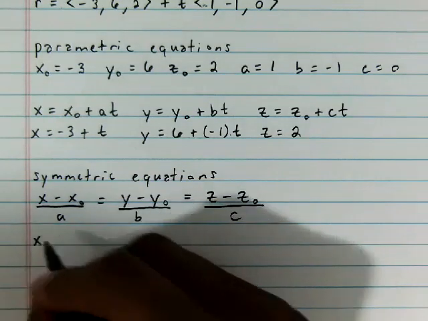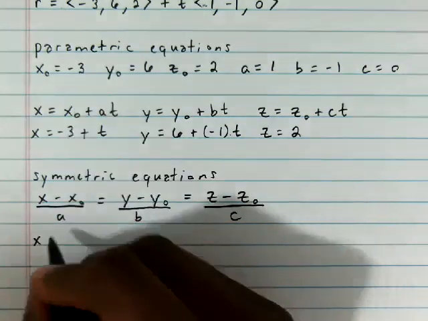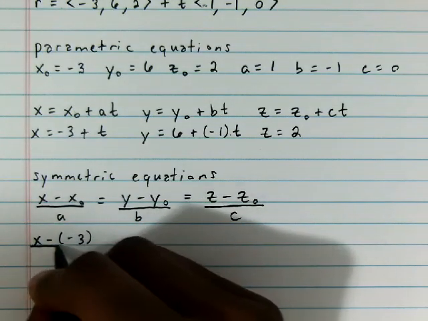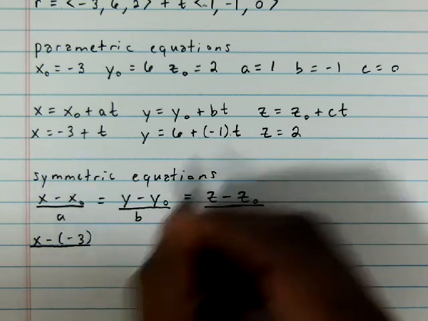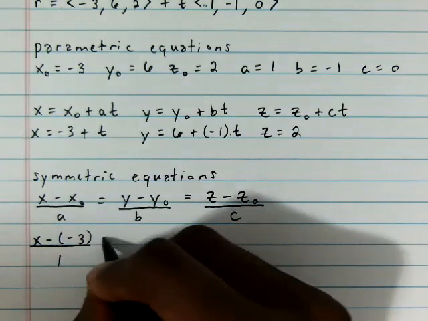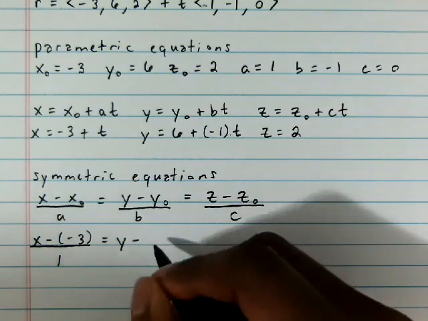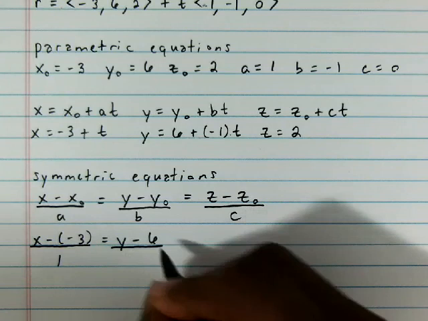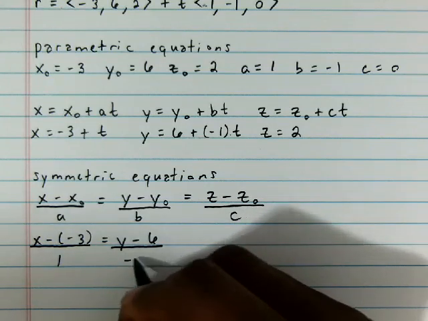So we have X minus negative 3 over our A, which was 1, equals Y minus our Y naught, 6, over our B, which was negative 1.